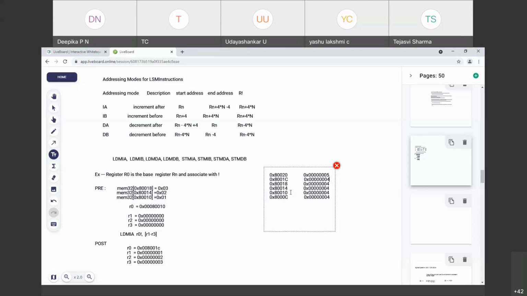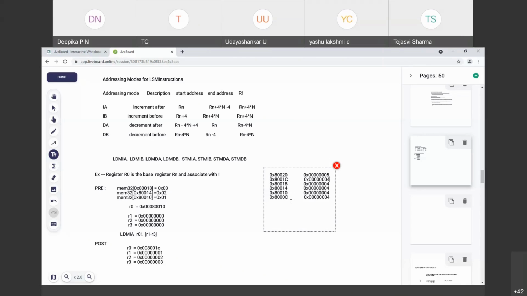Then 10 starts: 10, 11, 12, 13, then 14. From 14 to 18, from 18 to 1C. So it means a 32-bit word uses 4 memory locations, each one of 8 bits. You can say 8-bit memory location.